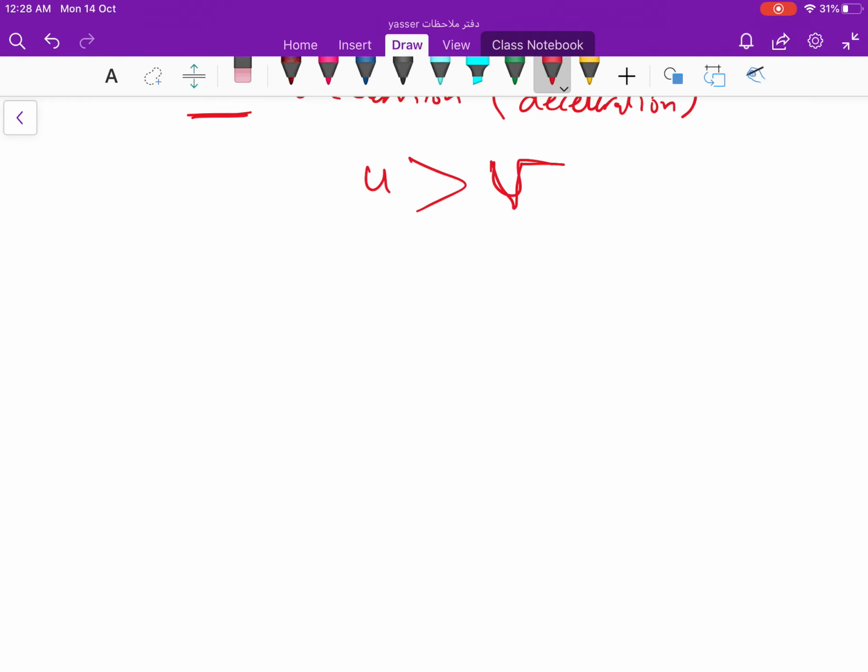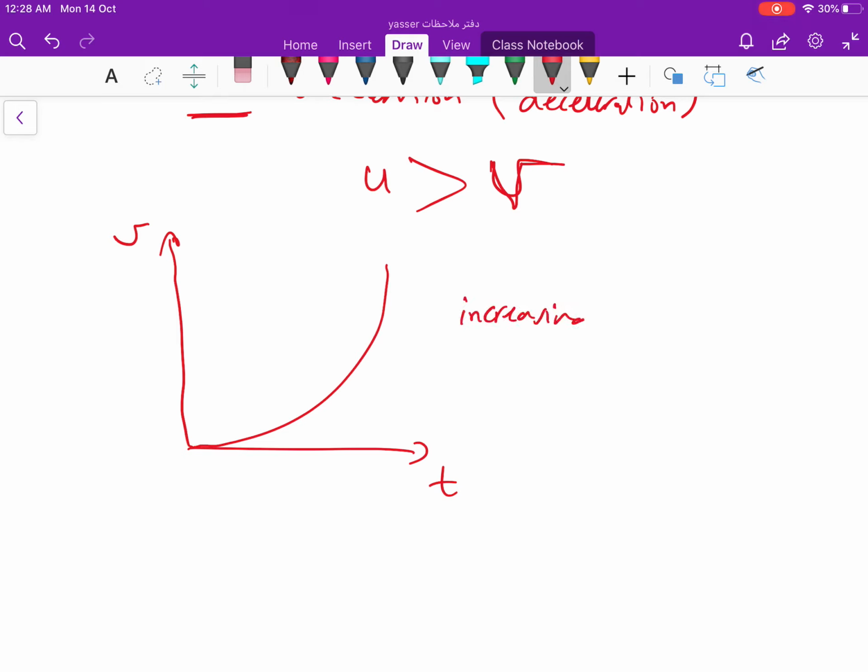Let's return back to the graph. We have a velocity time graph, and if the graph is a curved line like this, we have again an increase, but this time an increase in the acceleration. So the acceleration is not constant.